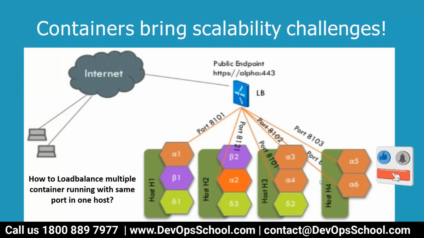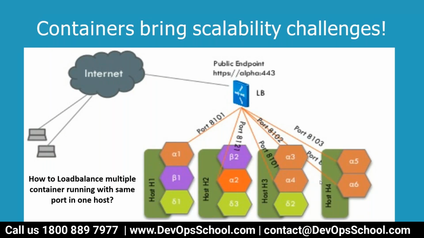So the question is, what is the use of it? Because you know that a load balancer needs to be there in production. A load balancer works on different IPs, same port number. The load balancer is always running outside, right? So they need different IPs and the same port. But in this case, what is happening? Let's say you have multiple containers and you're exposing them on the host. It will be the same IP but different port numbers.